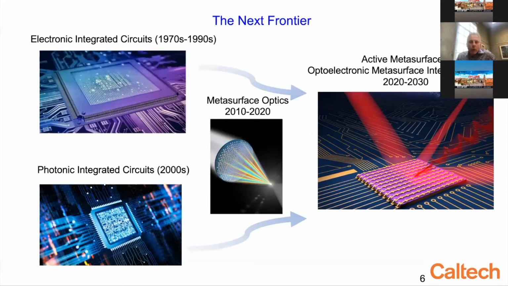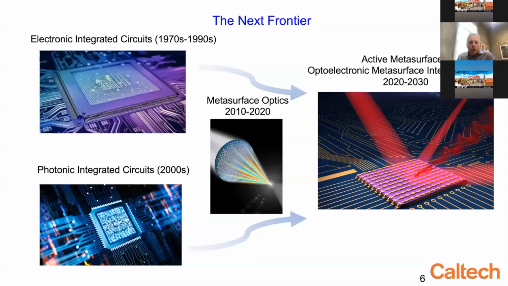the direction that we're going is building on the foundations of the beautiful solid-state technologies that preceded the metasurface era, which began roughly in 2010 or so. And those, of course, were these semiconductor electronic integrated circuits developed through the 1970s and 1990s. They kind of defined the way we think about solid state array technology, and this led to image sensors, memories, displays, and so forth.